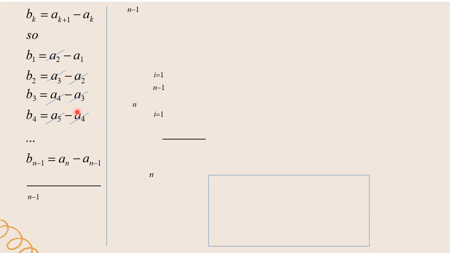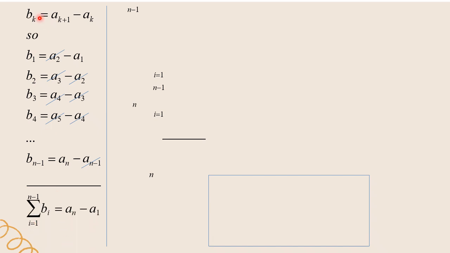Plus and minus cancel each other, and this will be cancelled in the next term. So it will cancel until this a_{n+1}. As we can see on the top, it's always cancelling from the first, and here a_n remains because it cannot be cancelled. It can be cancelled only if there are more terms continuing.